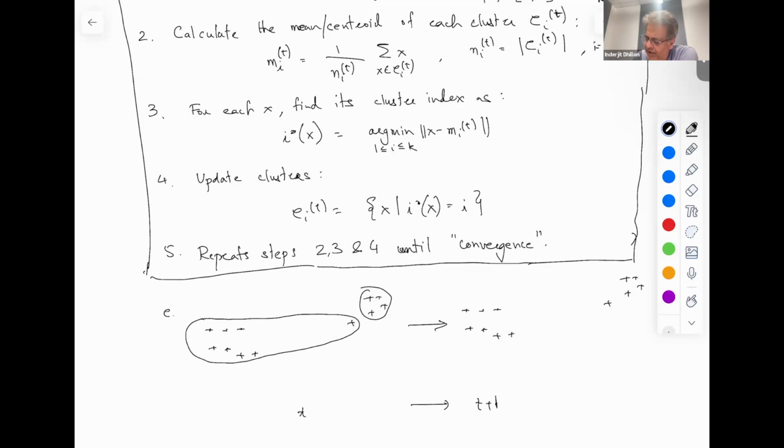This is the ith cluster at iteration t, and this is the jth cluster at iteration t.